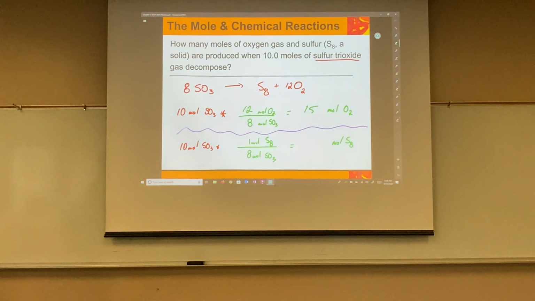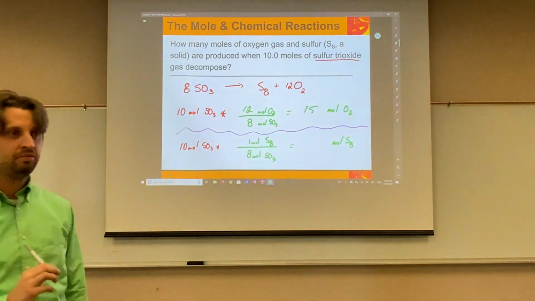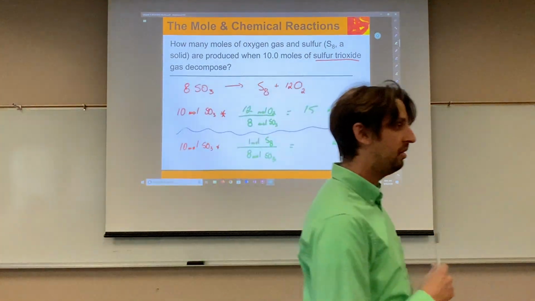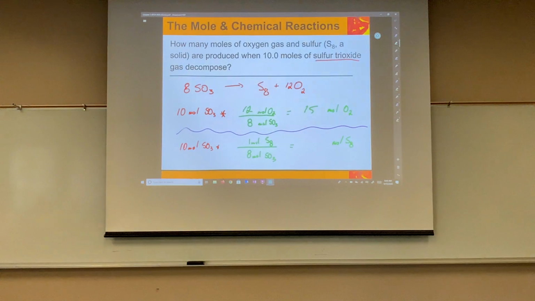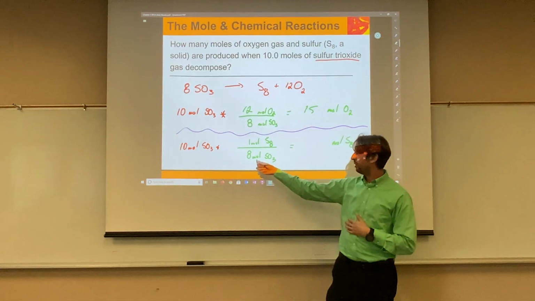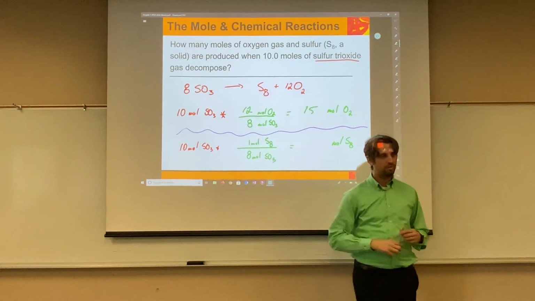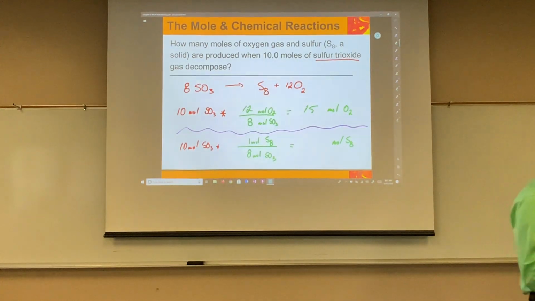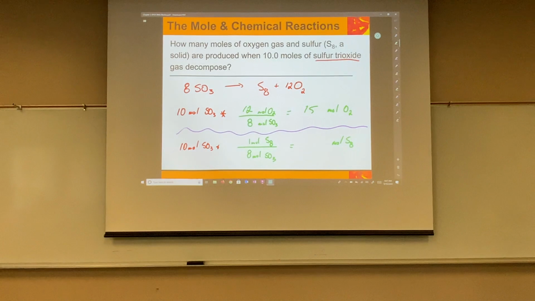Good. Just play the same trick again, right? Convert one unit into the other. This is telling me that for every 8 moles of SO3, I produce 1 mole of S8 from my balanced chemical equation. Got it?